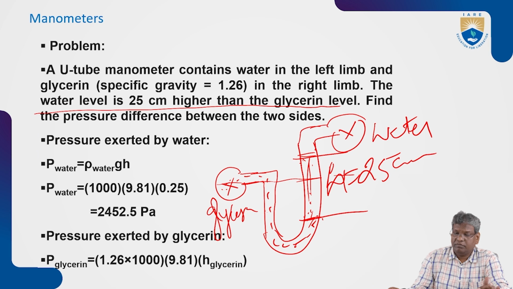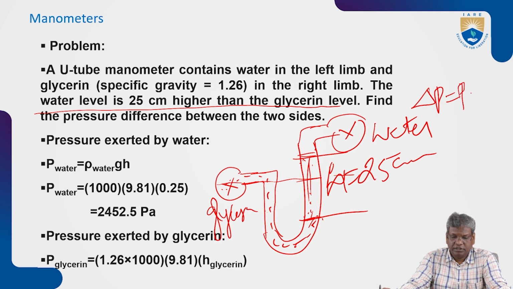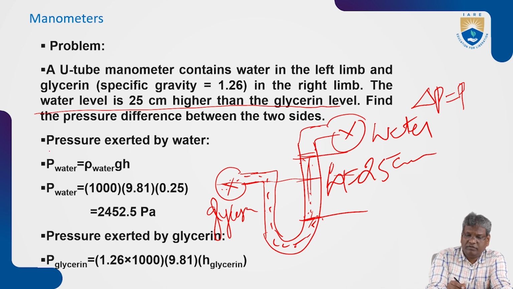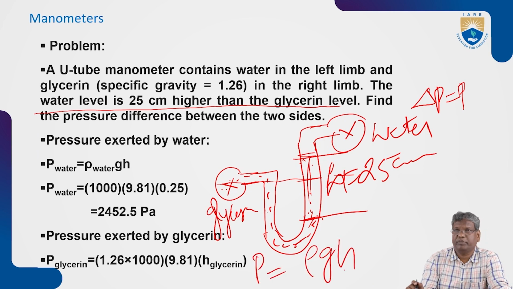So the basic formula again is delta P equal to P glycerin minus P water. So what will be the pressure exerted by water? What is pressure? The basic formula is rho g h, static pressure.